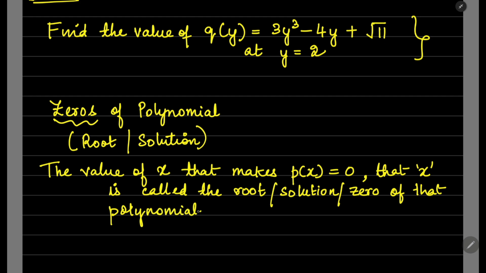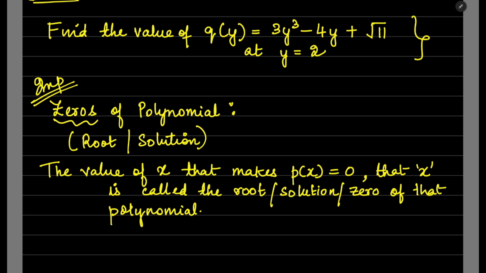So what do you mean by zero of a polynomial? That specific value of x, which when substituted will give you the value of the polynomial as 0. That x is called root or solution or zero of that polynomial. This is a very important concept both in 9th as well as 10th, so please understand it very thoroughly.